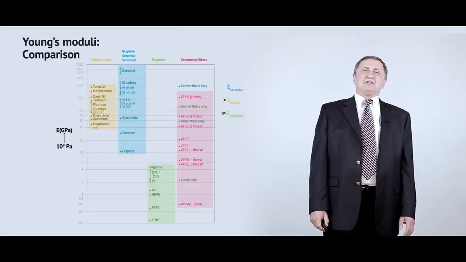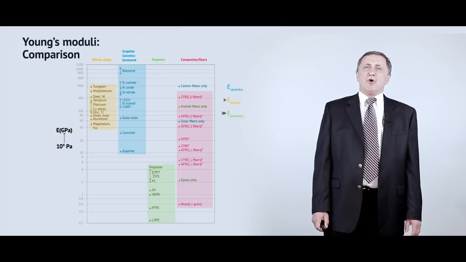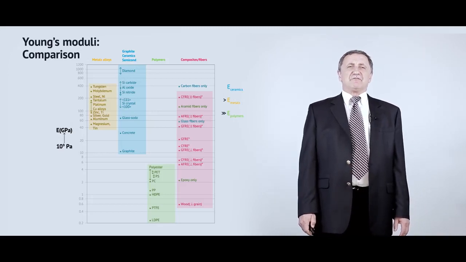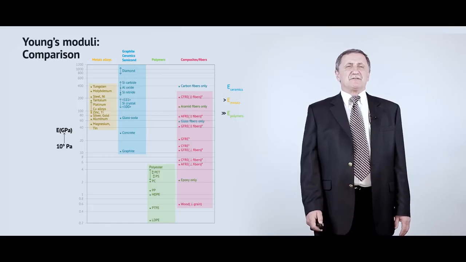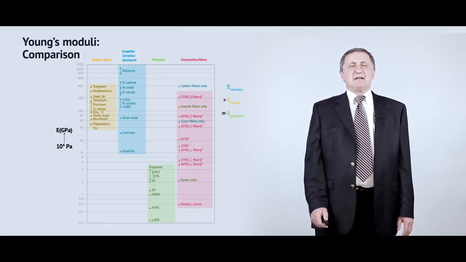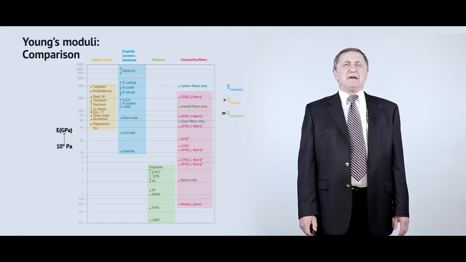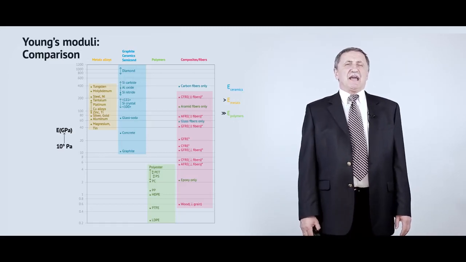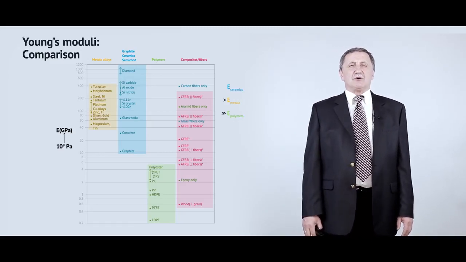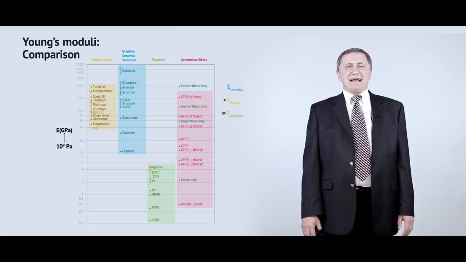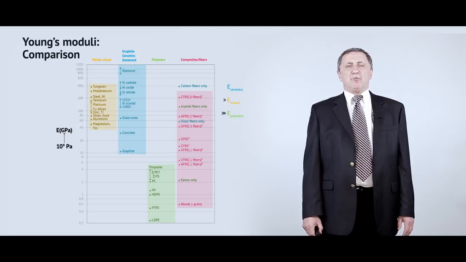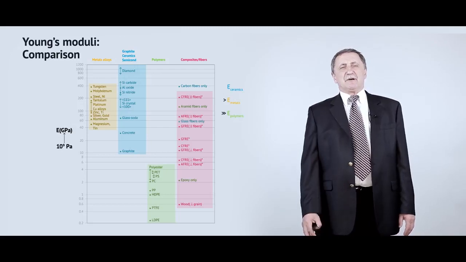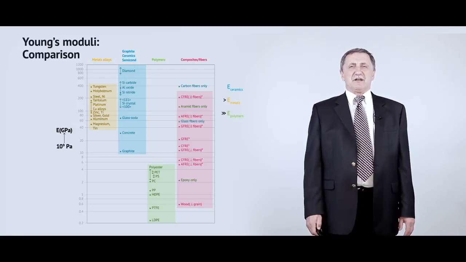Now, on this slide you can see that, for example, Young modulus or elastic modulus is very different for different types of materials. Ceramics typically have the highest, which can even approach 1,000 gigapascals. Slightly lower is typical for metals, and of course you can see that polymers are typically at the bottom of this classification.